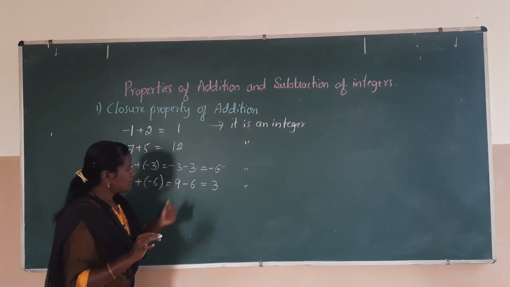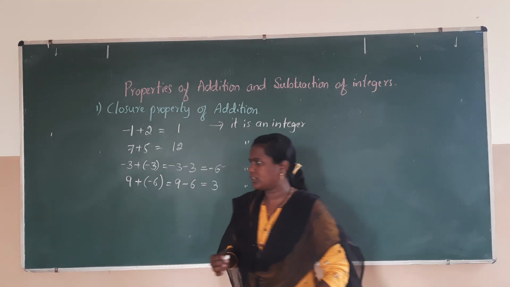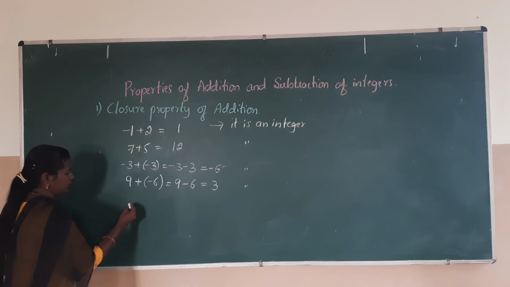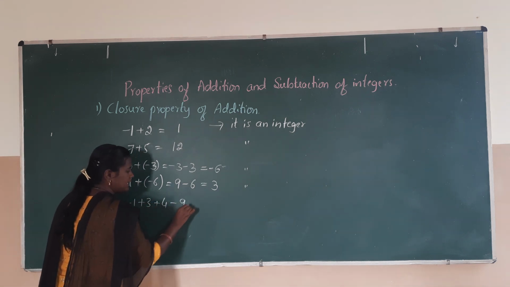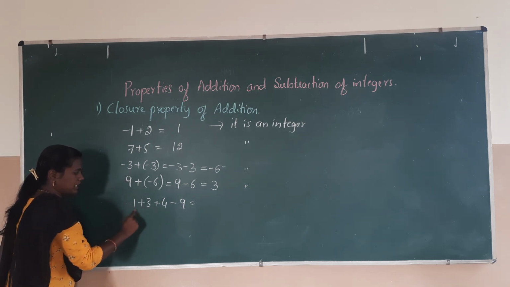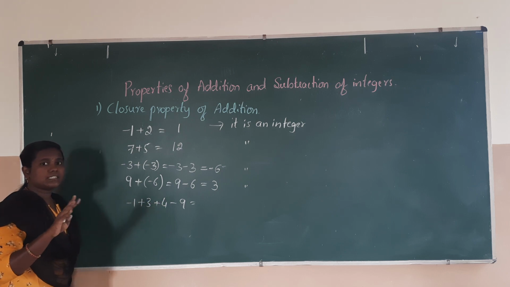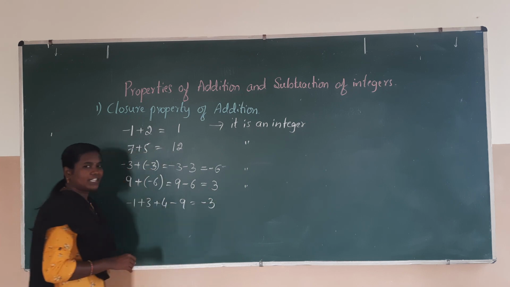Are you getting? So here it is understood that the sum of any integers, here we have considered only 2 integers. If you are taking more than 2 integers, if I take -1 plus 3 plus 4 minus 9, then what is the answer? Let us check. -1 plus 3 is 2, right? 2 plus 4 is 6. 6 minus 9 is -3.